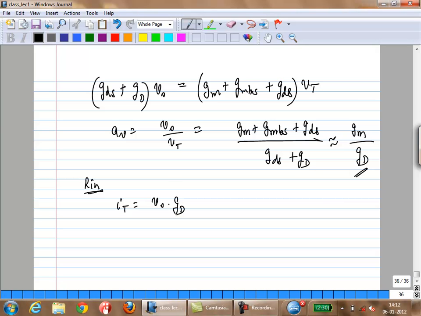Next, if you want to calculate the input resistance, you know that your IT is nothing but GD times V0, which is GD times AV times VT.